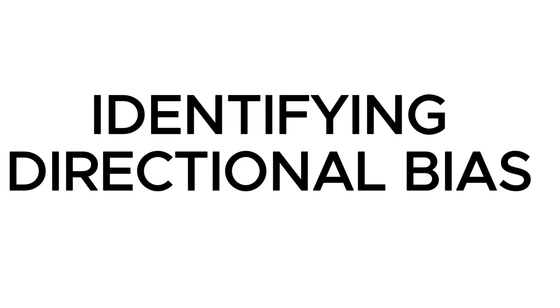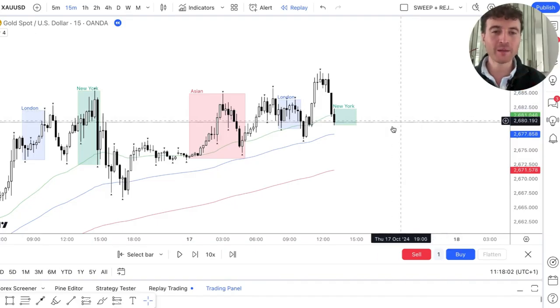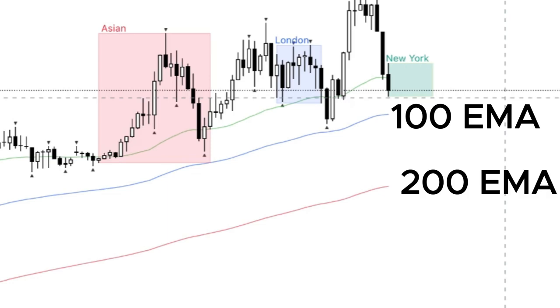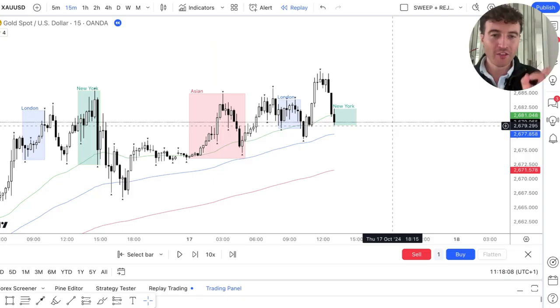So step number one is identifying our directional bias. Very, very simply, we use the 50, the 100, and the 200 exponential moving average. This is the trend filter that gives you an objective framework when you are executing.